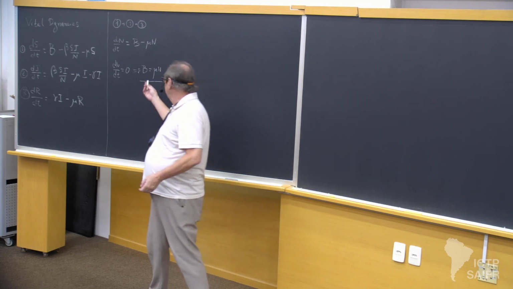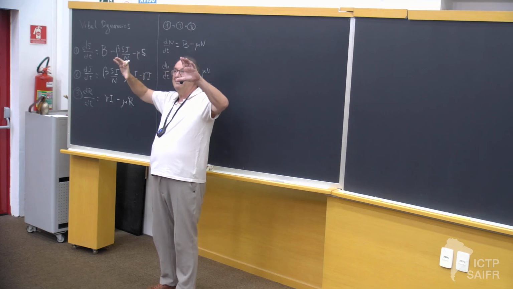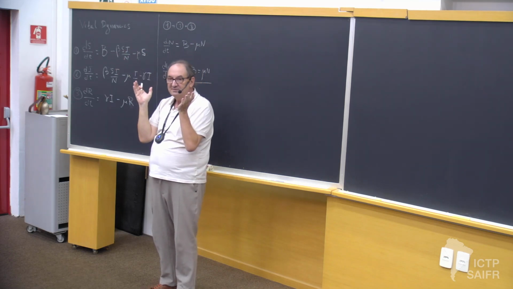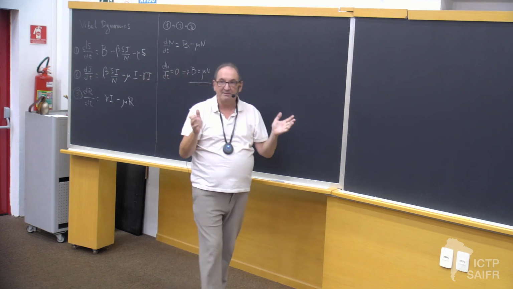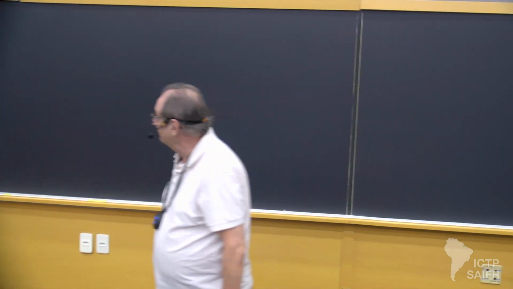And I'm taking it equal to the death rate in order to maintain the population constant and not study demographics here. I want only to study the epidemic dynamics. Okay, so that's our model.